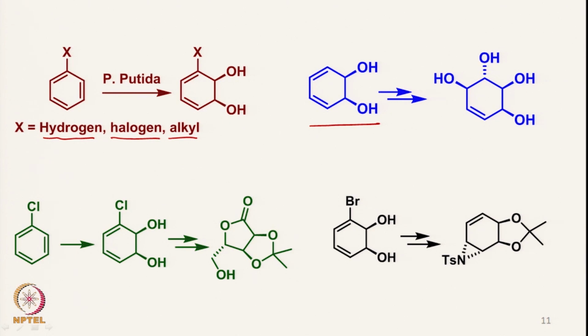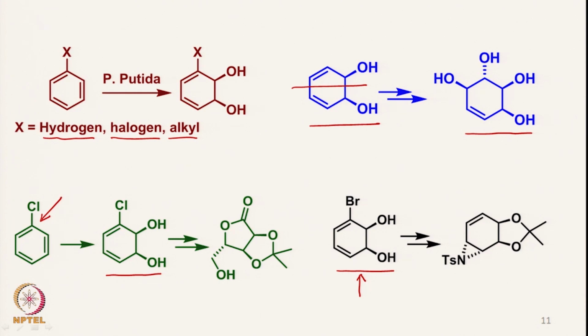This obviously has a symmetry, therefore this is not an optically active molecule, but if we start with say chlorobenzene, then the corresponding diol that is formed is optically active. In a similar fashion we can start with bromobenzene and get to this bromine substituted 1,2-diol, which is also optically active.